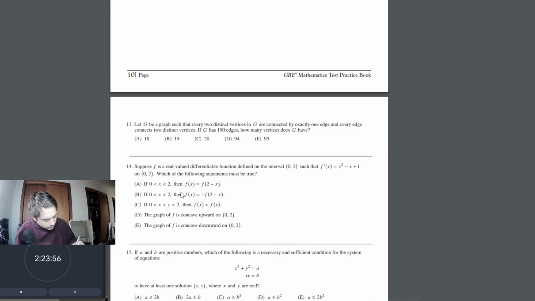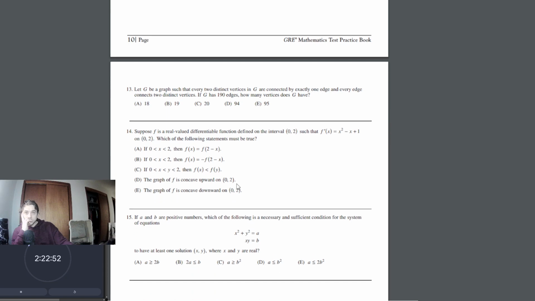Okay, so 1 point. Oh man. Six vertices. I just need to know these formulas.